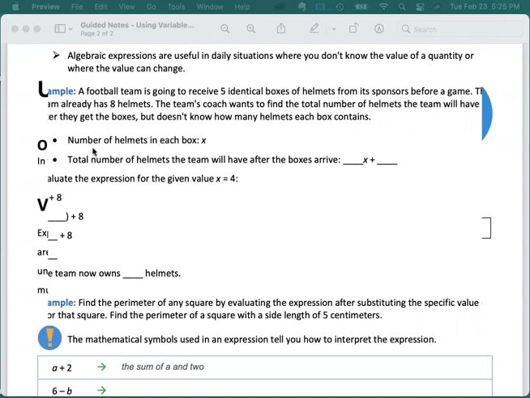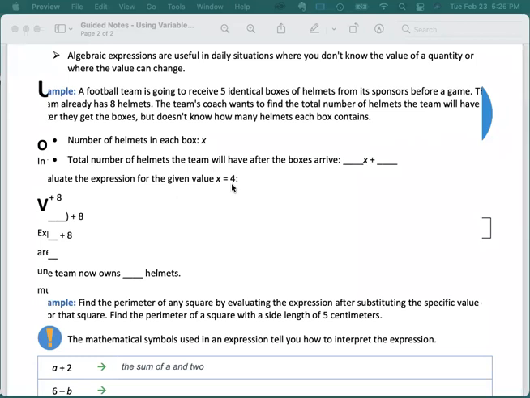So the number of helmets in each box is x. The total number of helmets is going to fill this format. So if there's 5 boxes, it's going to be 5x, 5 boxes times however many helmets are in the boxes, plus the 8 they already have.